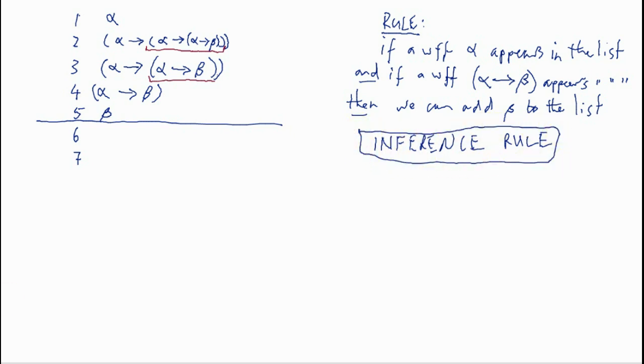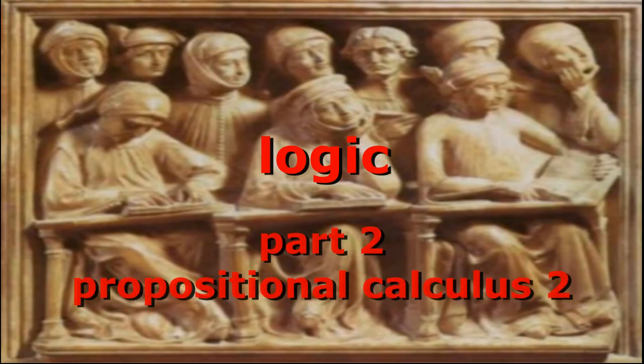And we sometimes call that particular inference rule the rule of, in logic anyway, modus ponens, which we'll generally abbreviate to MP.